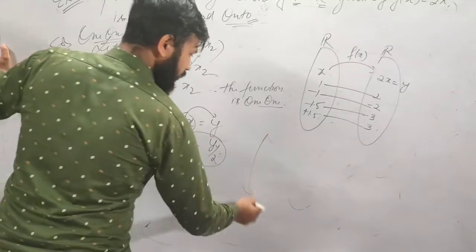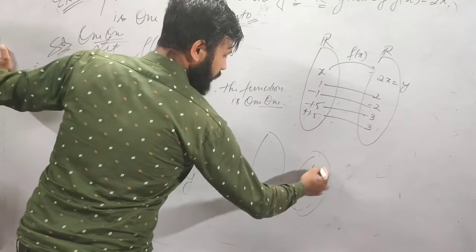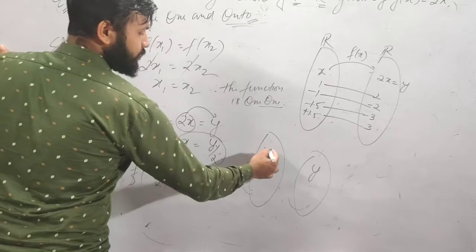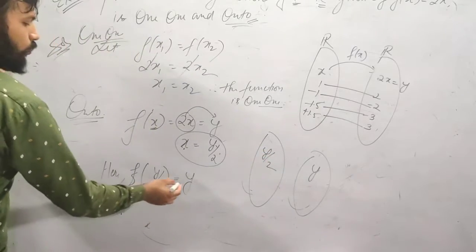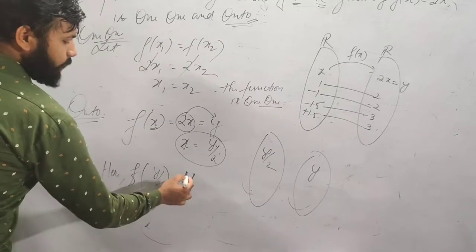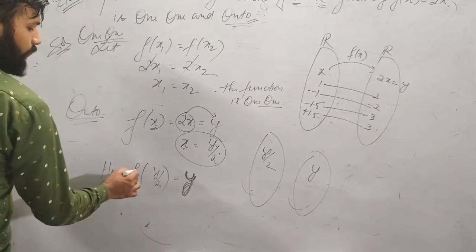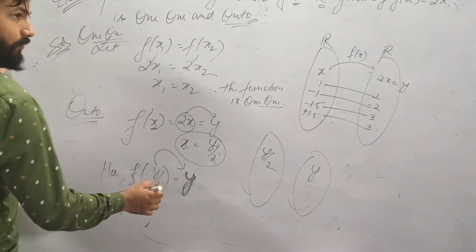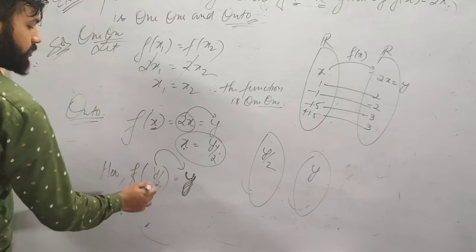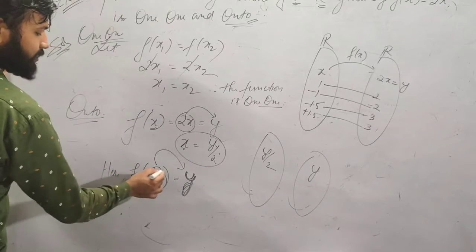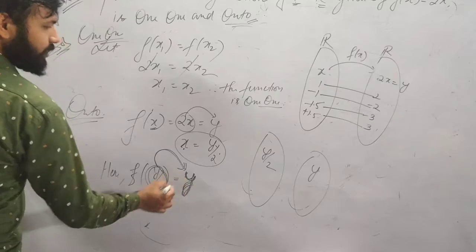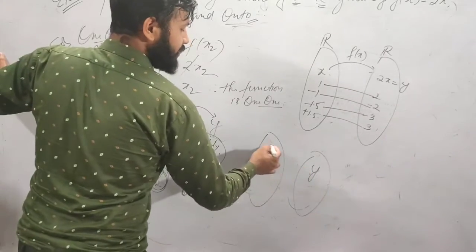So what we come to know from here? Very interesting. Look here. For every y there is some pre-image, that is your y by 2. Because what is the image, and what is the pre-image of this y? It is y by 2. Means the function of y by 2 is your y. For every y there exists some pre-image.